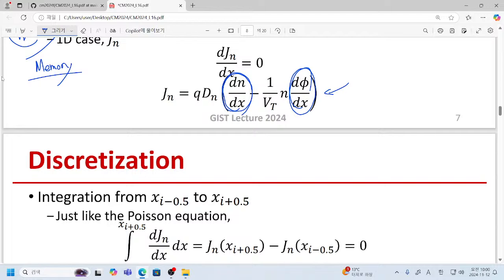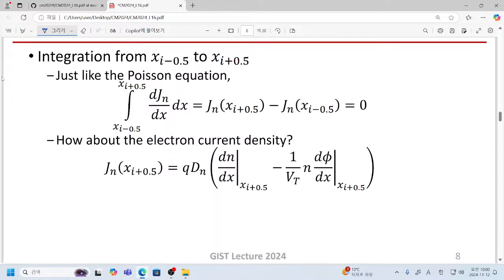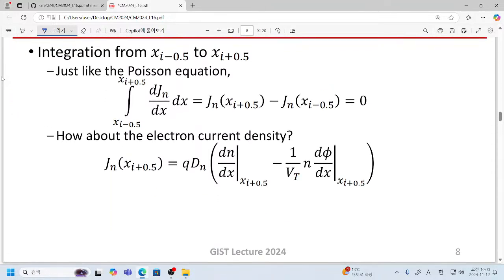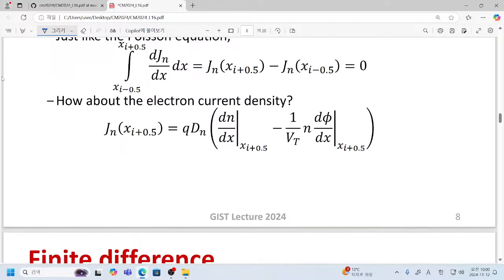So in the next page 8, I introduce a way to discretize it. Simply, here we have dn over dx, which is just approximated as n minus n over delta x.